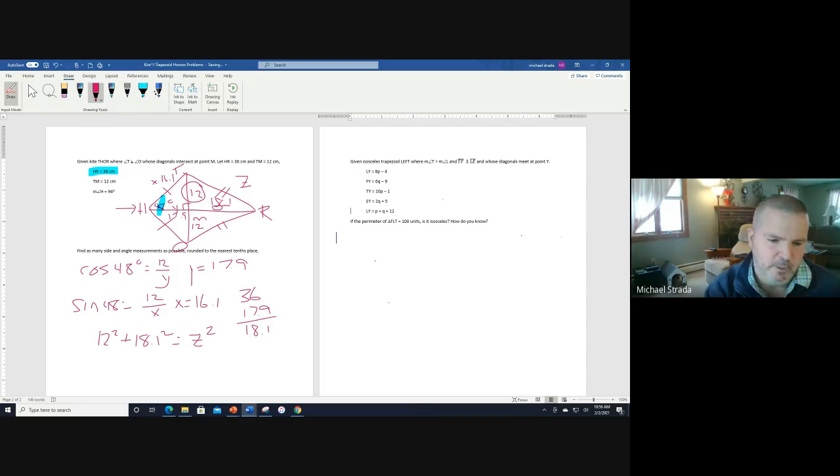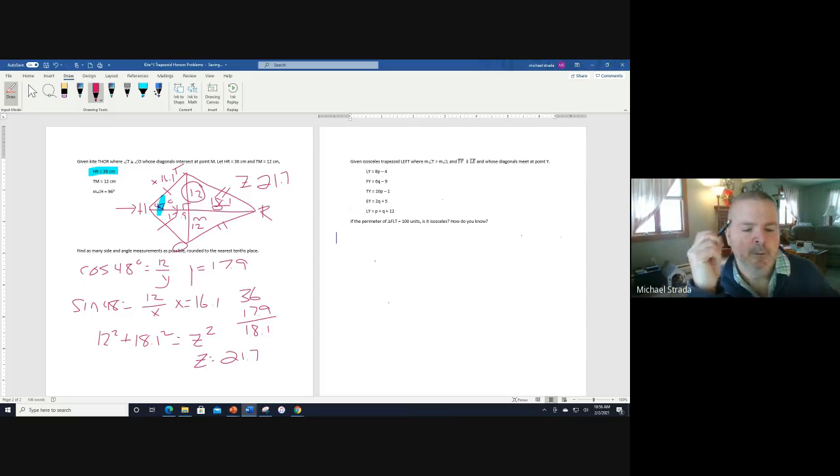So 12 squared plus 18.1 squared, then taking the square root, makes z 21.7. So that takes care of the side lengths.